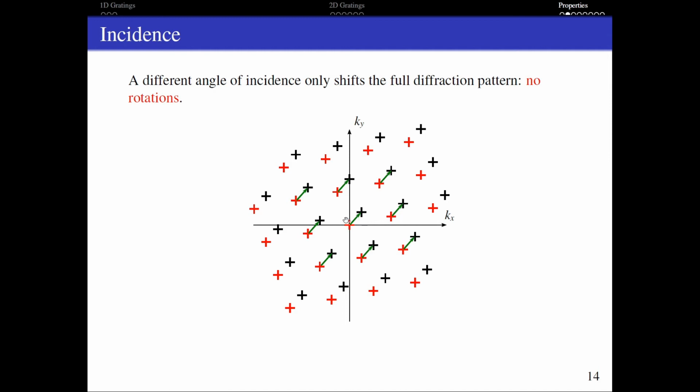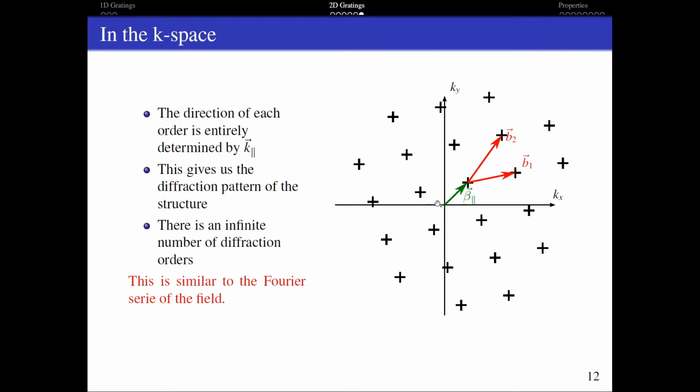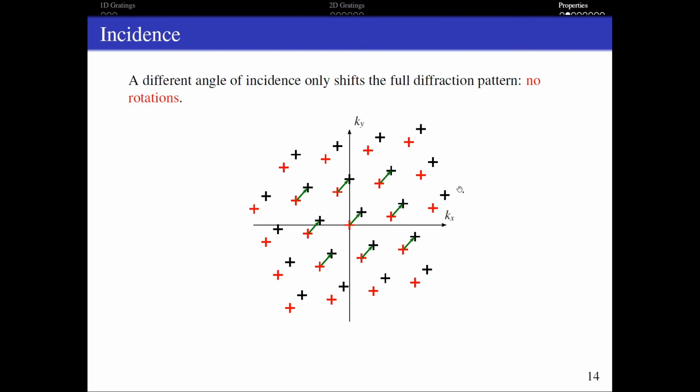When you change the incidence, actually what you're doing is that you are adding the beta parallel vector like we saw before, and that means that when you are using a different incidence, you are only shifting the diffraction pattern in the k-space. You're never going to rotate this pattern around the axis.